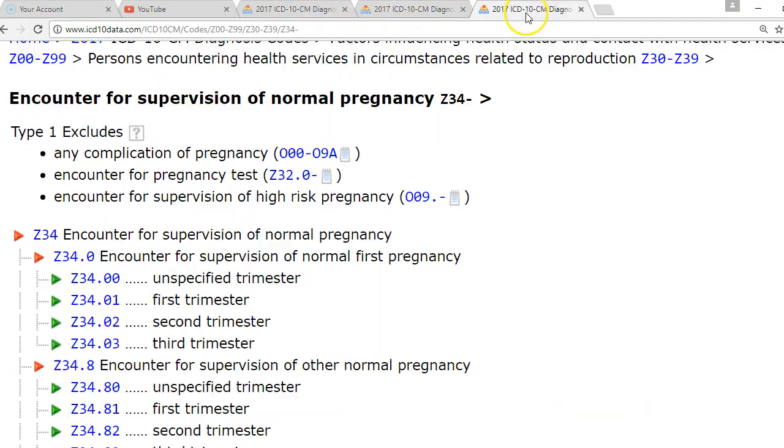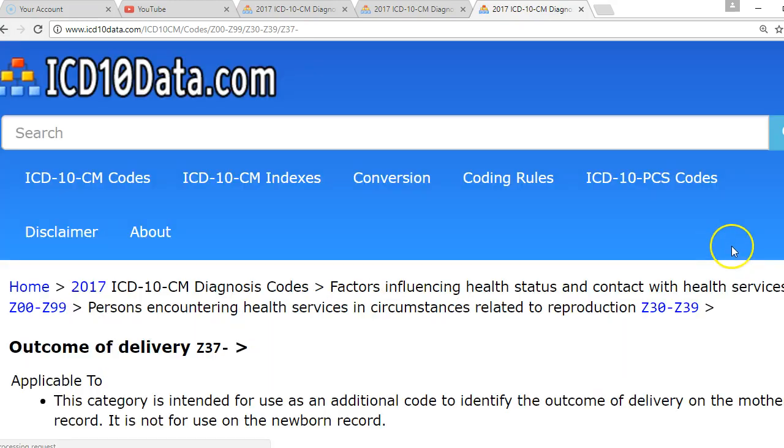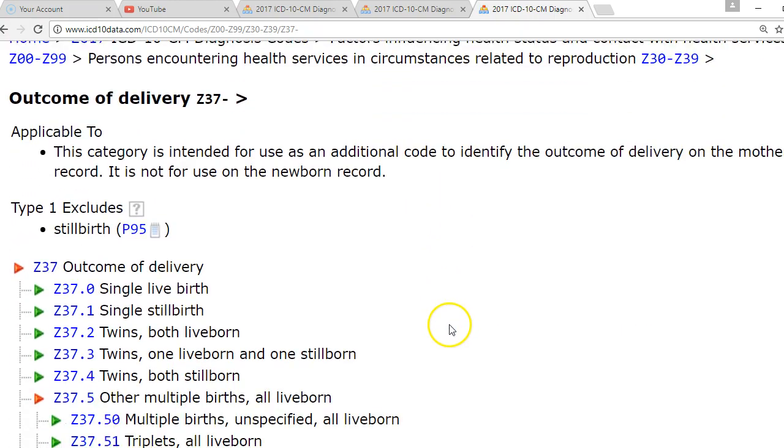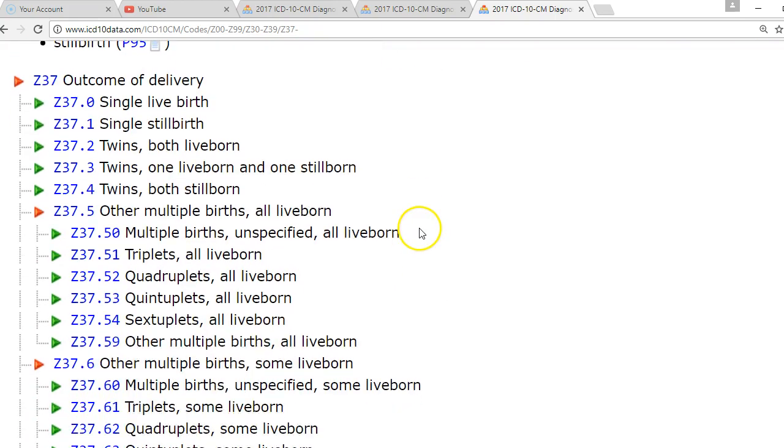So we're going to go back and look at our Z37 codes this time for outcome of delivery. Again, it is not for use on the newborn record. Of course, the most common outcome of delivery is Z37.0, single live birth. But again, we have other multiples and we have other scenarios.